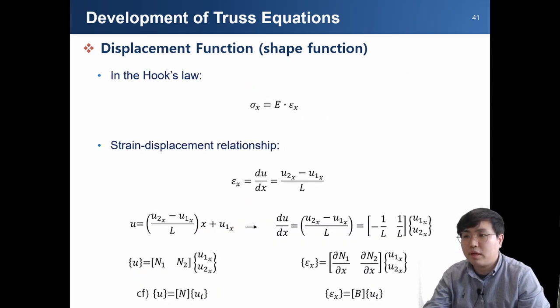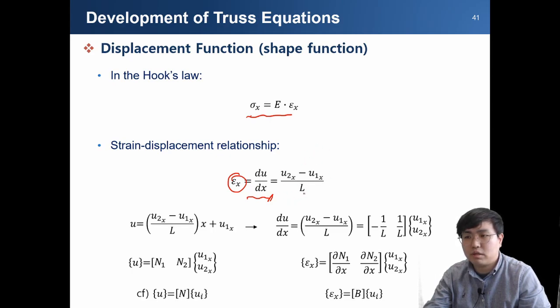And here, this is Hooke's relationship in the solid structure system, especially the one-dimensional truss element system. So the strain has this kind of relationship: the displacement variable is differentiated by x.